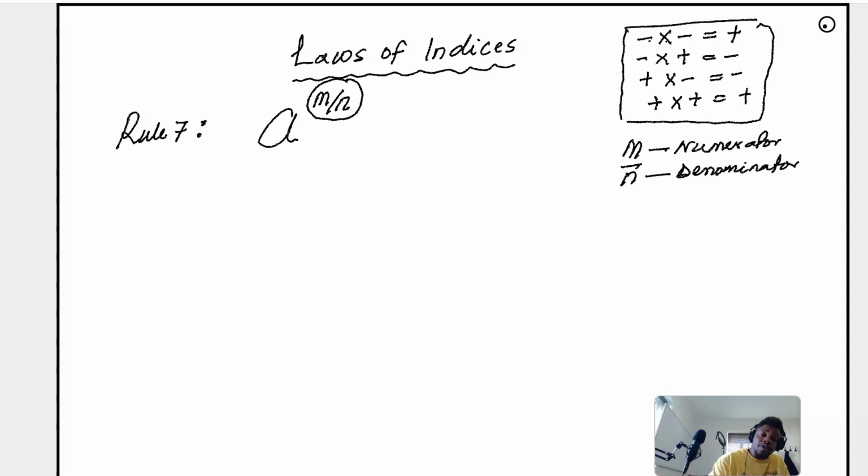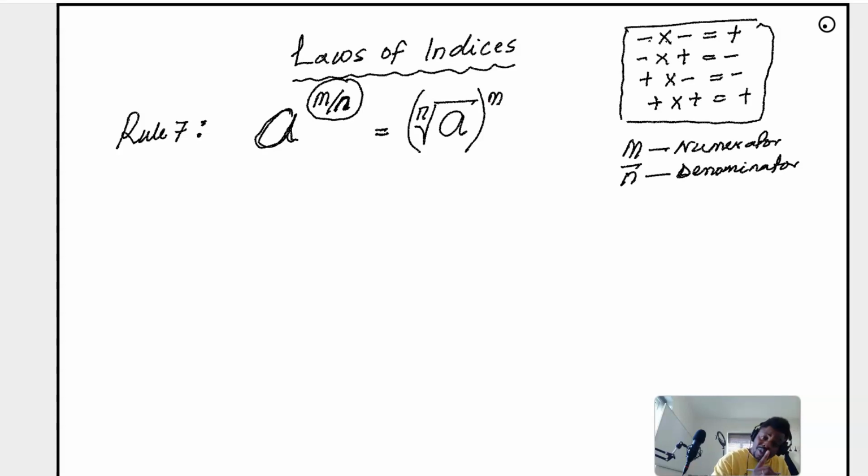So whenever you have a numerator and denominator as the power, that is the fractional power. So the laws of indices is telling you that the denominator, which is n here, becomes the root. That is root n. The base, which is a, goes inside the root, and the numerator becomes the power.